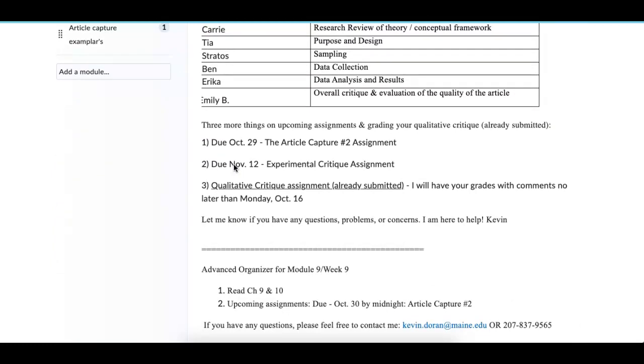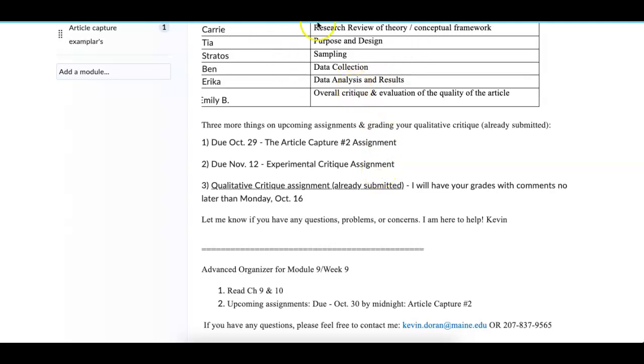Now, a few more things. I just put these in here not to freak anybody out or cause you great anxiety, but I wanted to mention on October 29th, the article capture 2 assignment is due. That is where you submit the 3 additional articles, and you have placed those in an article capture form. November 12th is the experimental critique assignment.